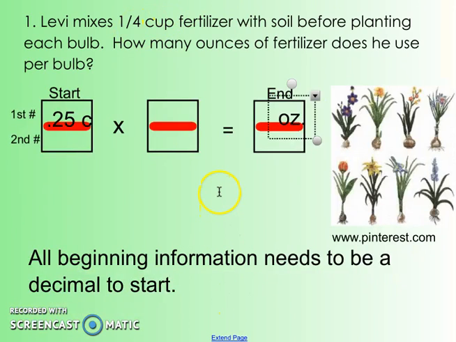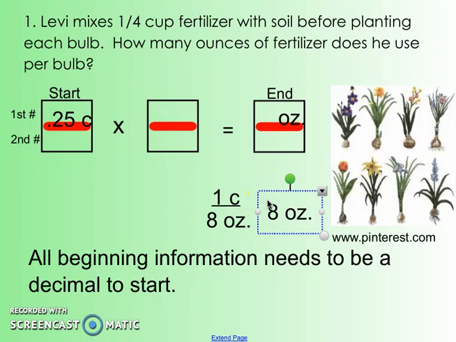So let's actually set this up. We're going to do 1 cup is the same as 8 ounces. Or what's the other way we can write this? We can say 8 ounces is the same as 1 cup.